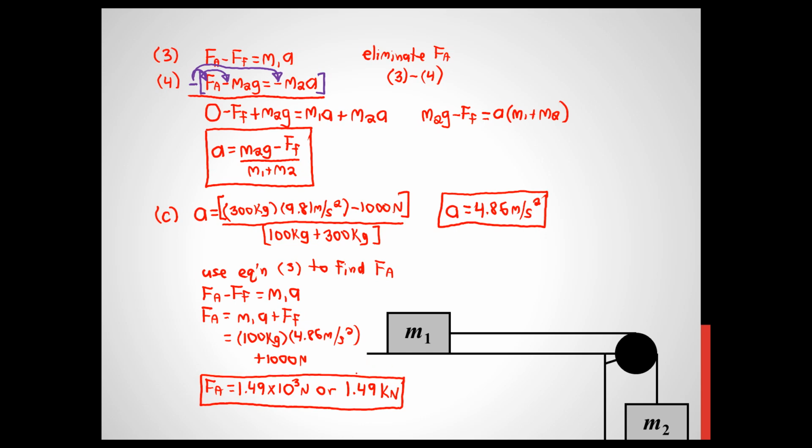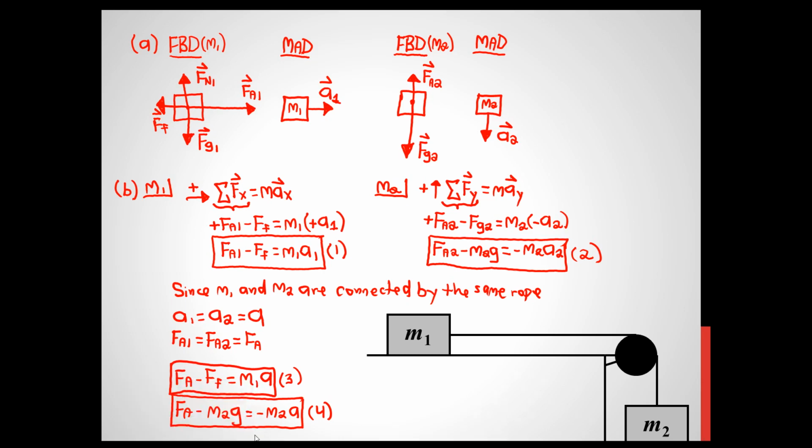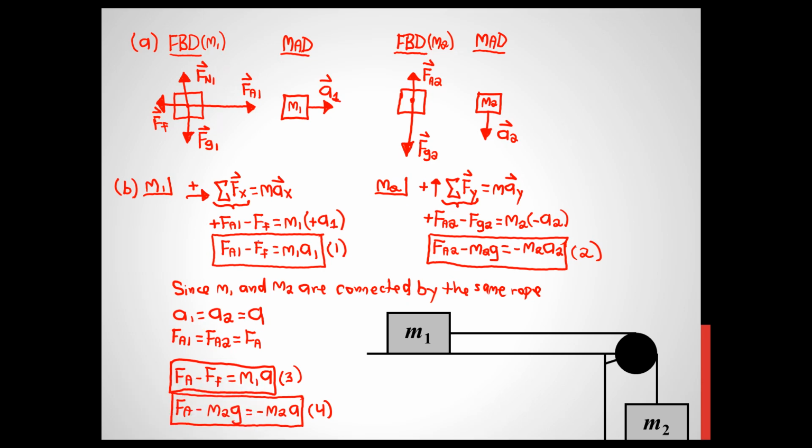Okay, I just wanted to point out one thing before I identify which assignment to complete. I want to go back to the FBD MAD right here and talk about why I do both of them. Okay, so I'm just going to pick a different color of ink. The FBD is just a visual representation of the sigma F part of the equation.